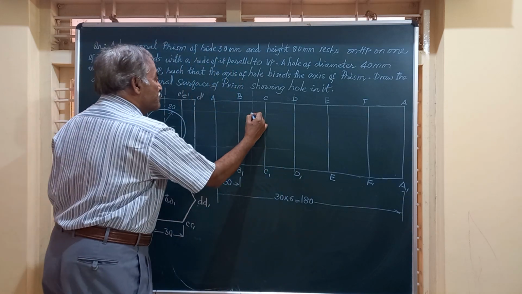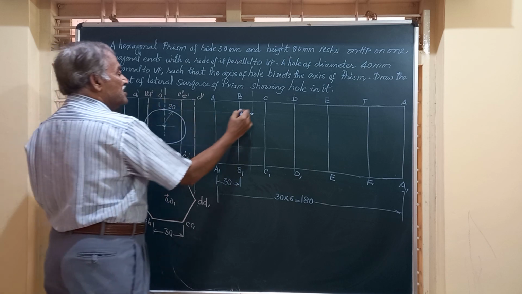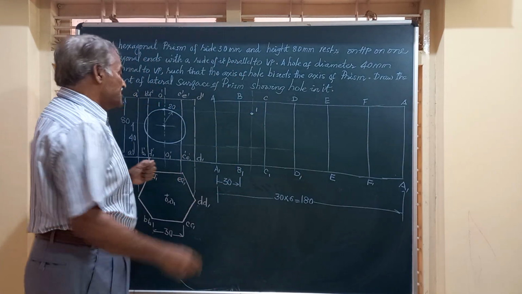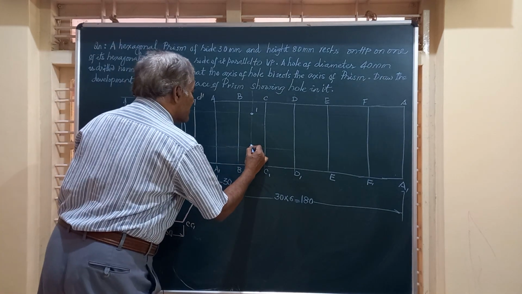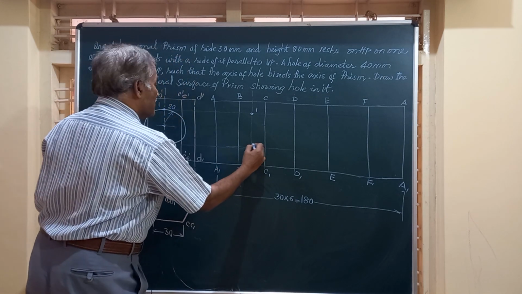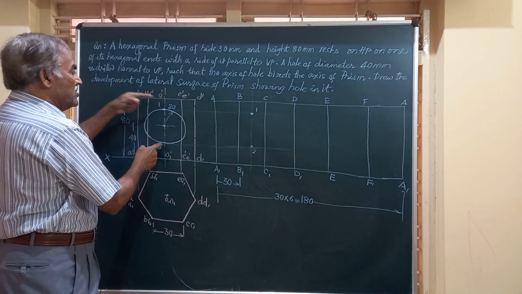So friends, this point I will call point 1. Similarly, the opposite to that is point 2. These are the extreme corners of this hole.